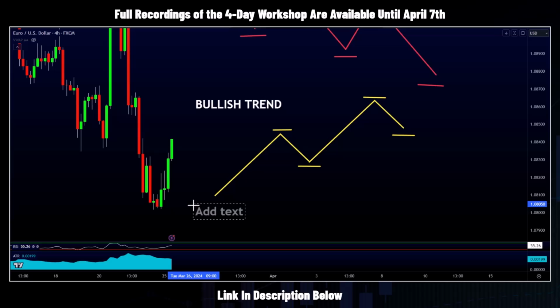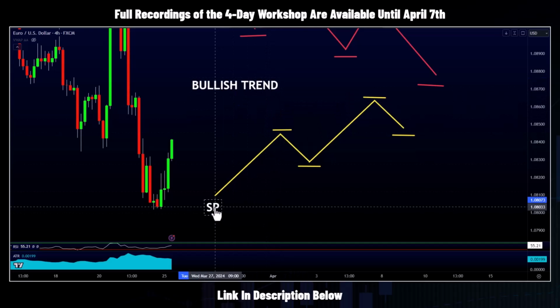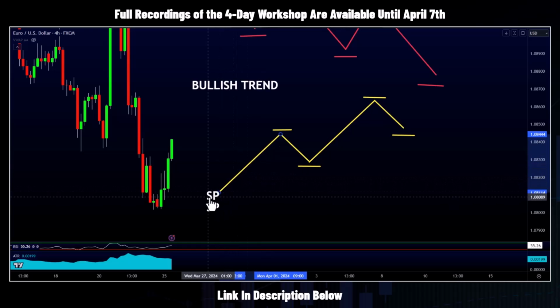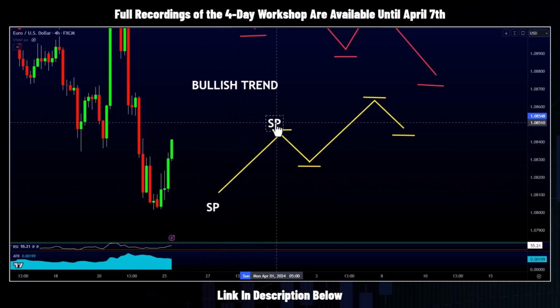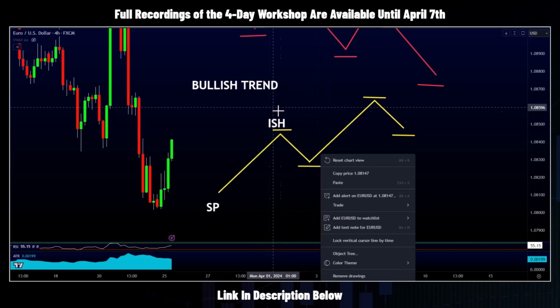And I'll label this SP for starting point. Our first high up here is going to be called our initial structure high, because this is the first high in our trend.